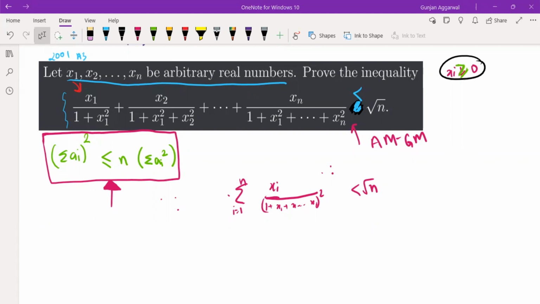Did you get this? Oh, right. I'm not sure if the bound is correct. The original left-hand side is less than this thing, directly by this lemma.